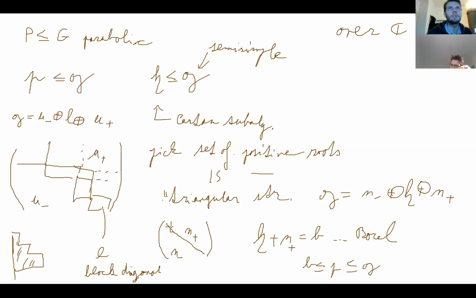Maybe I should really erase this now. Yeah, great. So if I suggestively just draw all the blocks that are there.